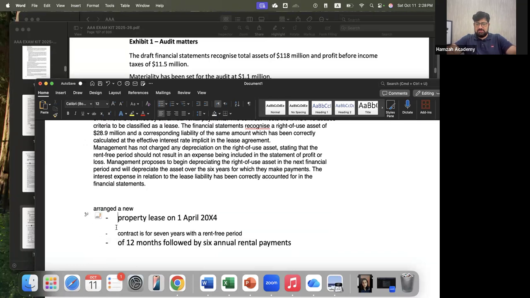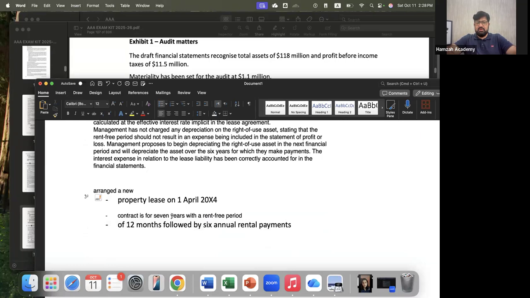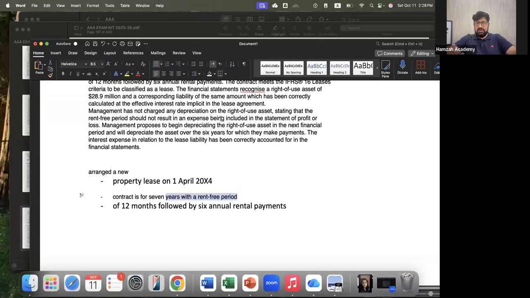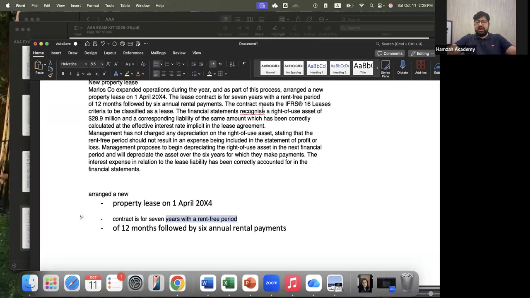So a 7-year lease with one rent-free period. Next, the right-of-use asset and liability are recorded at the same amount. Correctly calculated, they said. Okay, we will see.